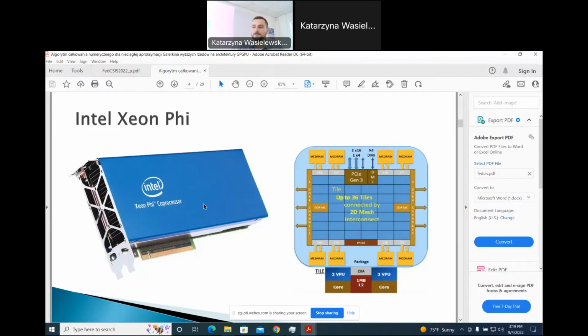Xeon Phi was a significant part of the most powerful computer systems in the world, and in June 2015, the usage of the accelerator reached 44% of all systems with acceleration. Even though the Intel Xeon Phi architecture was officially discontinued, its evolution led to the Intel Xe architecture.